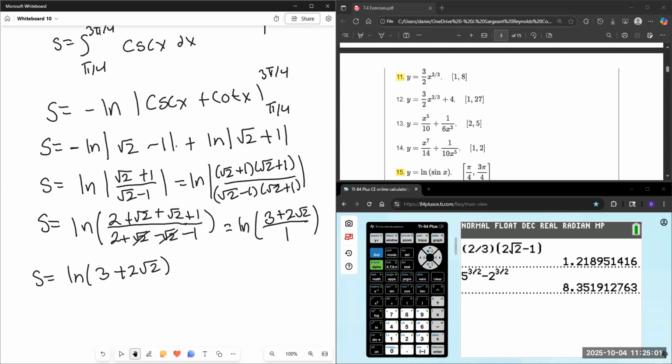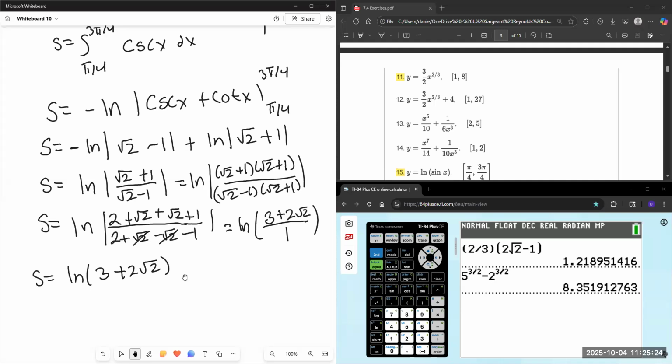I realize at this point that I don't need my absolute value bars because it's going to be a positive value. When I add 2 root 2 to a positive 3, up to this point I wasn't sure and I had those absolute value bars, but now I know for sure that I don't need them.